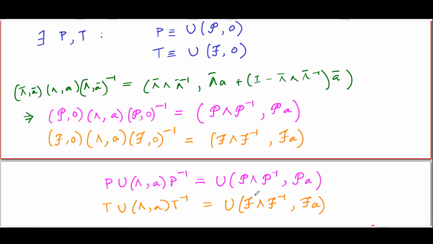The corresponding operator version will be capital P, which stands for U(curly P, 0), times U(lambda, A) times capital P inverse is going to be equal to U(curly P lambda curly P inverse, curly P A). A similar result would work for the time reversal operator capital T. Capital T U(lambda, A) capital T inverse would be U(curly T lambda curly T inverse, curly T A).